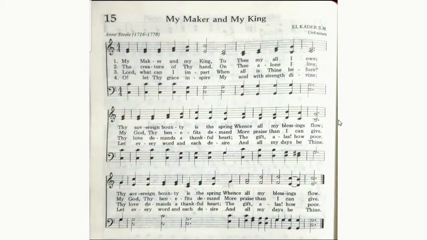Now, when we look at the second line, "Thy sovereign bounty is the spring whence all my blessings flow," on the "ings" of blessings, if you look at the bass clef, you see an F sharp.